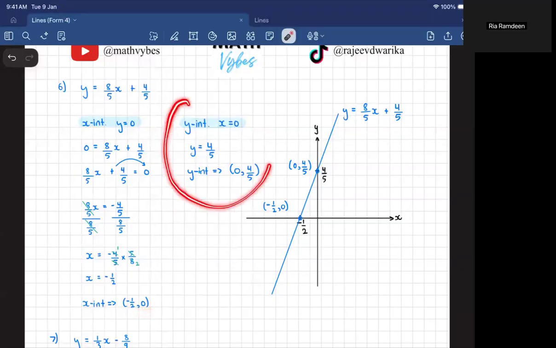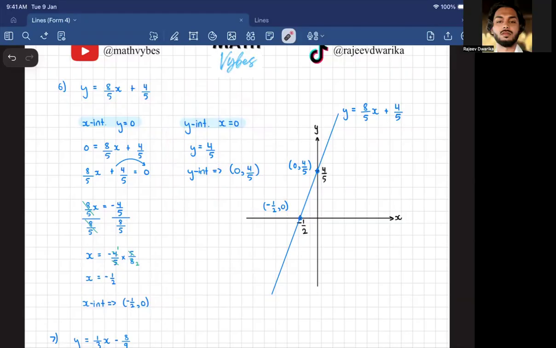Right? Yes. Now, we will go on to the y-intercept. We'll see if the equation already gave us the y-intercept. If not, then we'll have to solve for it to find it. But in most cases, we already have it.